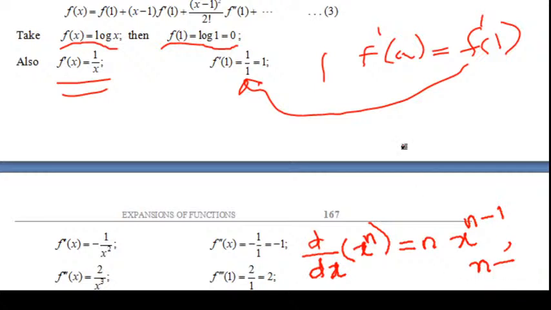So this is a formula. So here we have n is equal to negative 1. So here negative 1 times x to the power negative 1 minus 1, which is negative x raised to negative 2. So we get negative 1 by x square.